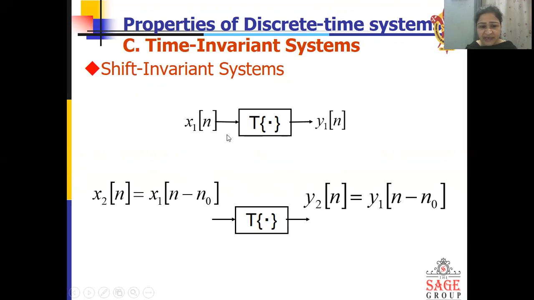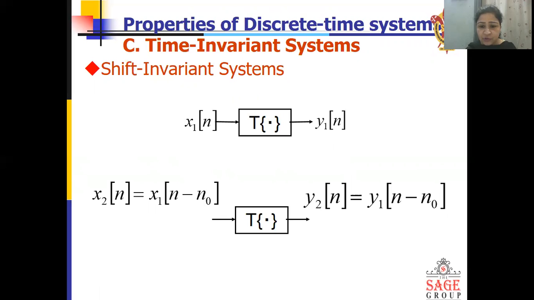Now, if I delay the input by say instant n naught, and give this delayed input to the same system, in that case, there should be no change in the shape of the signal. Only the output should be delayed by the same instant by which the input was delayed. That means the output should be again the same y1, but delayed, y1[n minus n naught]. It means that the characteristics of the system do not vary with time.